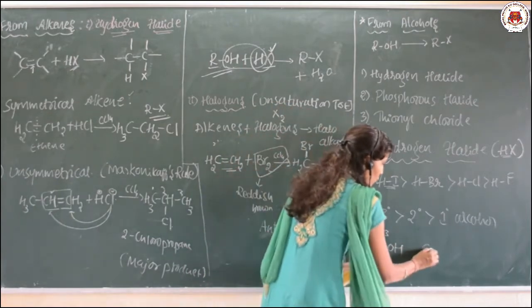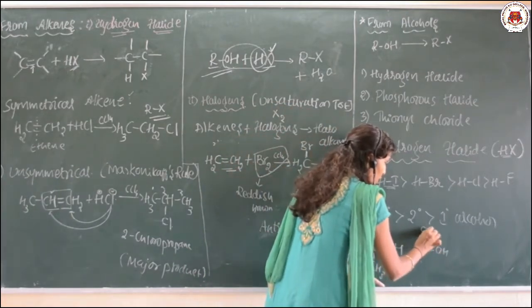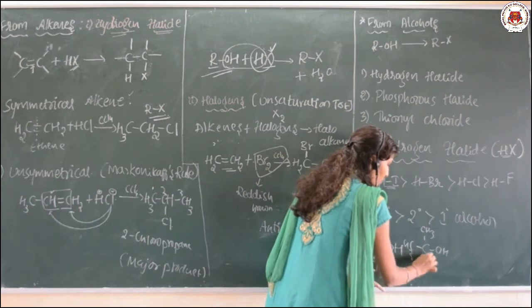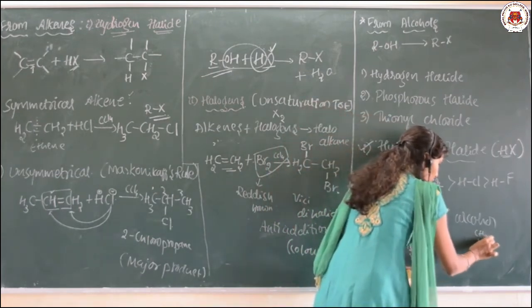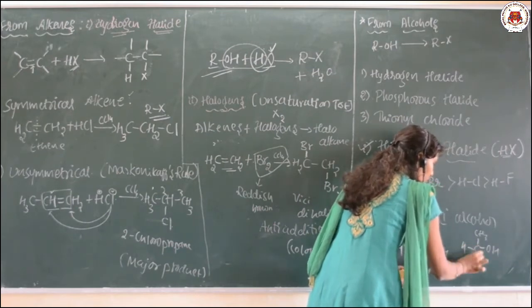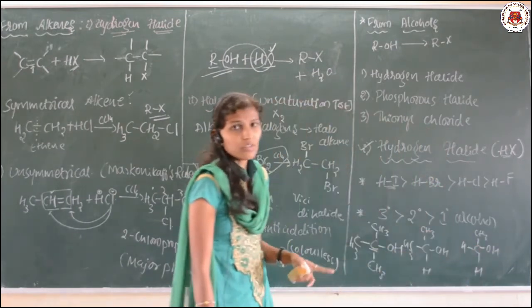If it is attached to two CH3, that is secondary, and the other may be H. If it is attached to only one CH3 and the others are H, this is the primary.